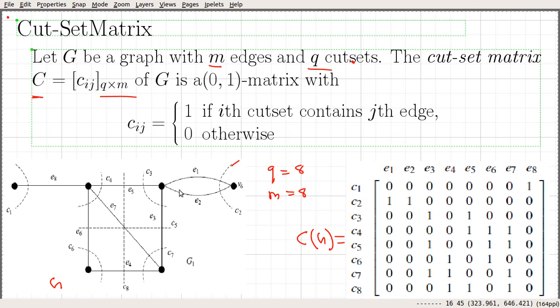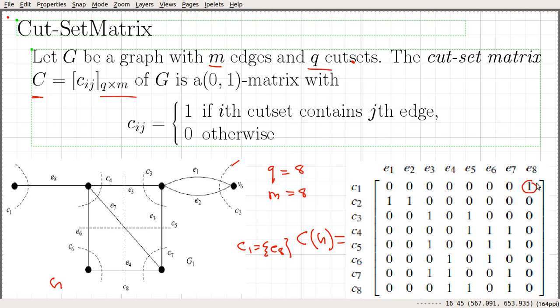Let's consider the first cut set C1. C1 contains only one edge, E8. So entry 1,8 will be set to 1, equal to 1 if the ith cut set contains the jth edge. C1 contains E8, so C18 will be equal to 1.